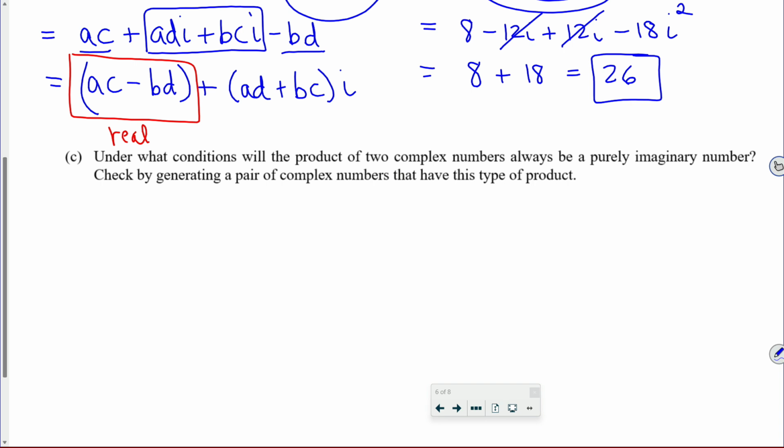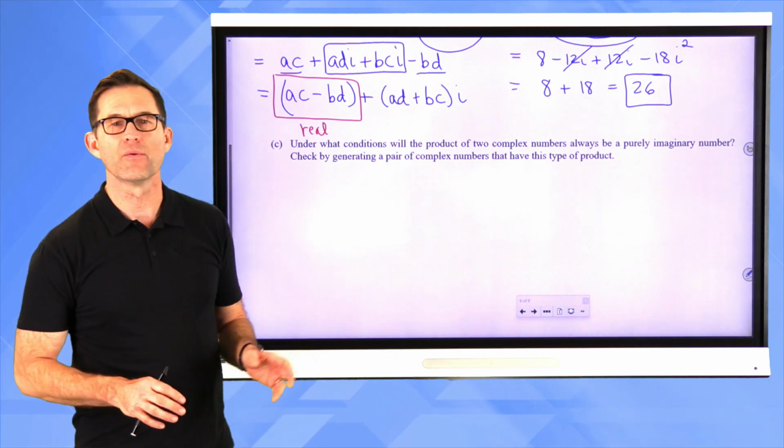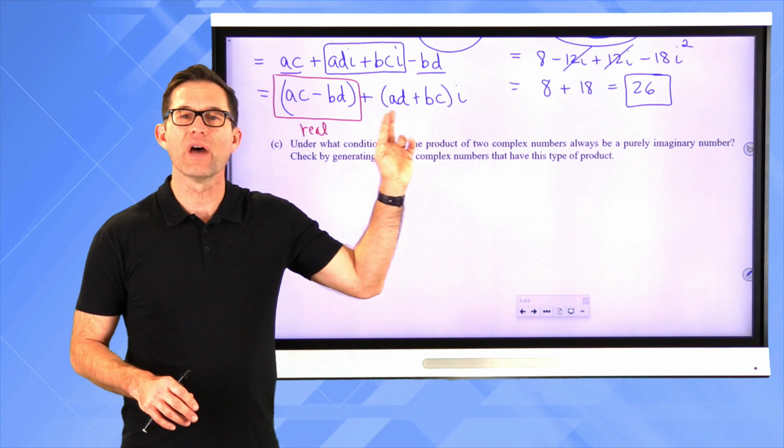Under what conditions will the product of two complex numbers always be a purely imaginary number? Check by generating a pair of complex numbers that have this type of product. Well, here's the key, right? Take a look at this very general product.